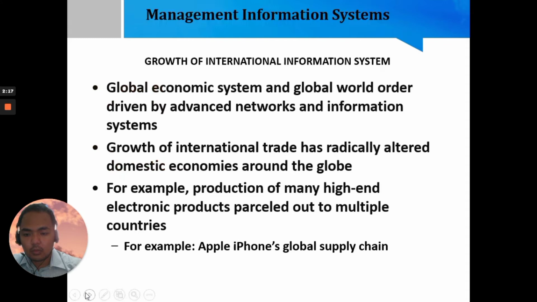So, the growth of international information systems: the global economy and global world order are driven by advanced networks and information systems. Growth in international trade has radically changed domestic economies around the globe. For example, the production of high-end electronic products is parceled out to multiple countries.